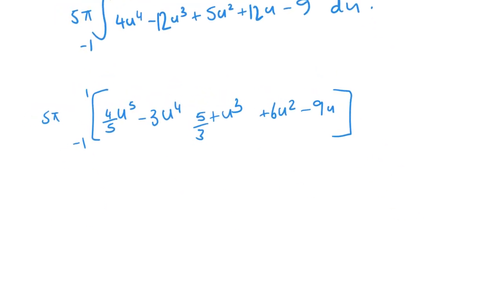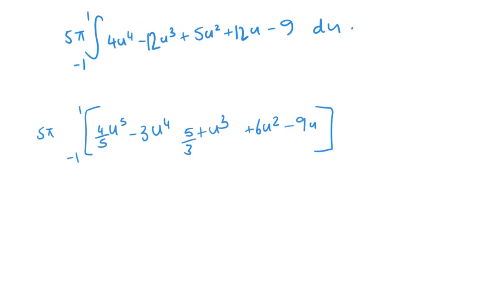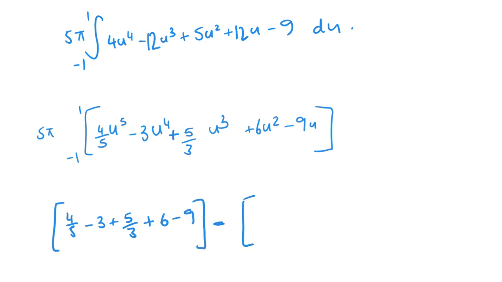Okay, so when I put in 1, this should be easy, right? I should just have 4 over 5 minus 3 plus, oops, what on earth has happened here? Plus 5 over 3 plus 6 minus 9. Minus. Now on this side, remember when you put in the negative 1, some of you may go wrong because of your calculator.